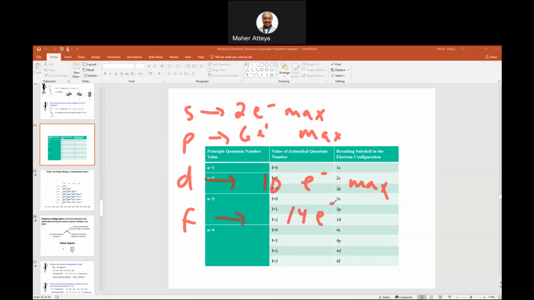What does it mean? S is one orbital, correct? P is 3 orbitals, and each orbital has a maximum of 2, so 2 multiplied by 3 makes 6. D is 5, and 5 multiplied by 2 makes 10. F is 7, and 7 multiplied by 2 makes 14.